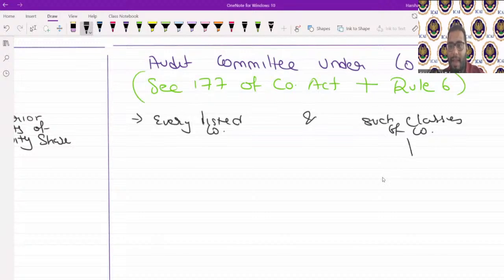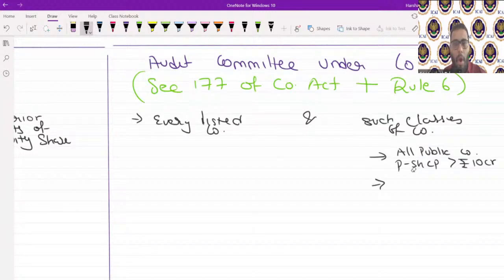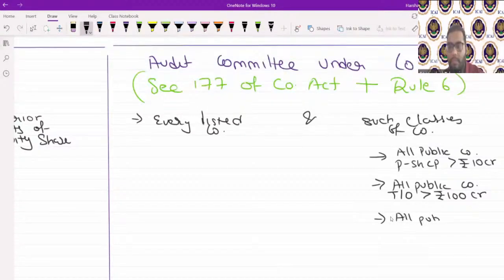When I say such classes of company, these are: all public companies with paid up share capital greater than 10 crore, all public companies with turnover greater than 100 crore, and public companies with outstanding loan greater than rupees 50 crore.